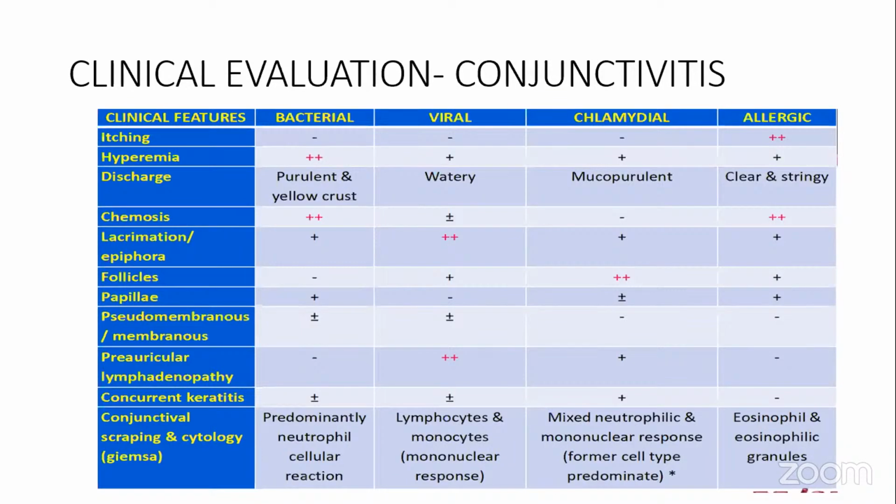So typically when the eyes are red, there's a lot of discomfort in the eye, so people will have a lot of tearing, or we call it epiphora, a lot of water flowing from the eye surface. It is seen across all the forms of conjunctivitis, but it is more in the viral conjunctivitis. And then we have follicles, papillae, membrane formation.